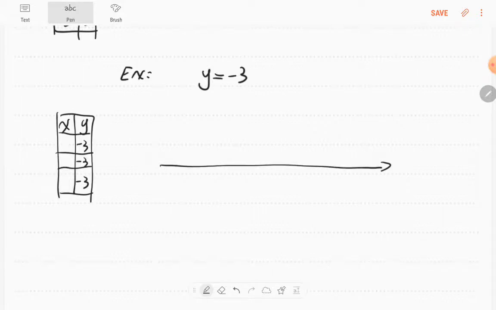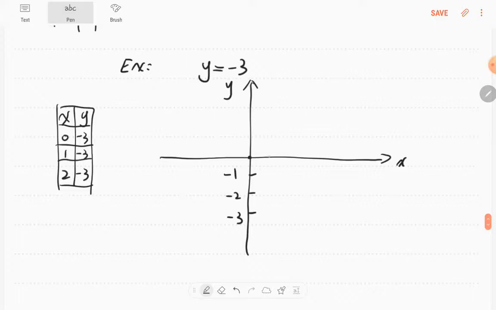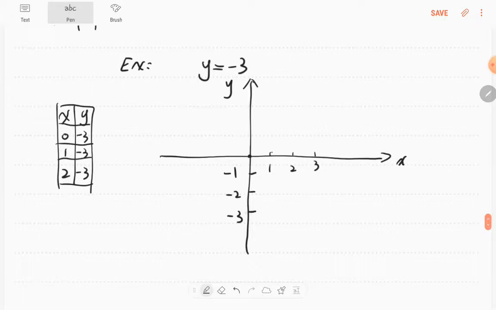Let's see what will happen. Here y is -3, and 1, 2, 3 for x. So the first point: x equal to 0 and y equal to -3. So it will be right here.